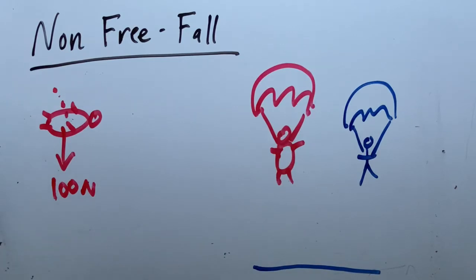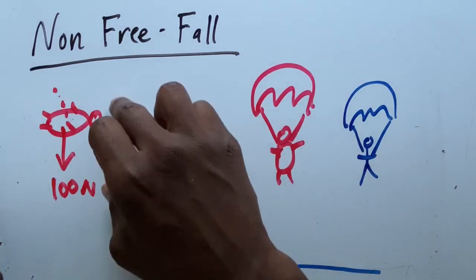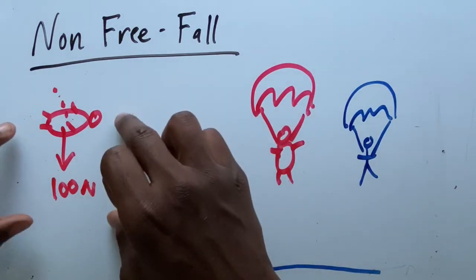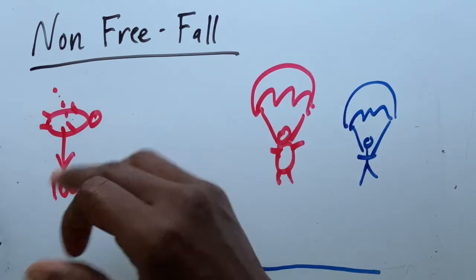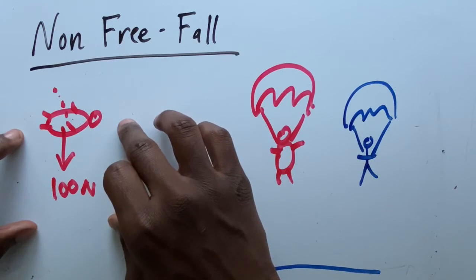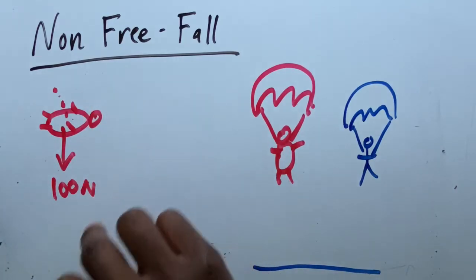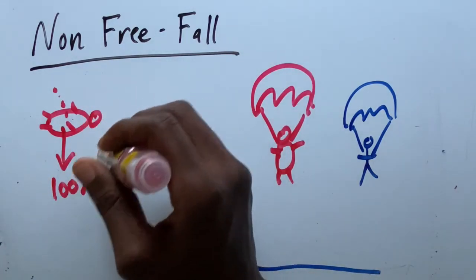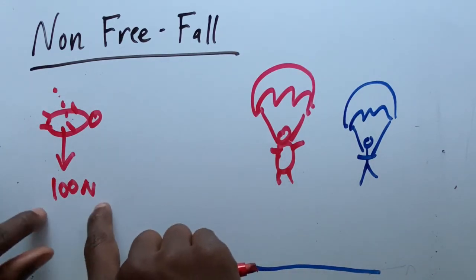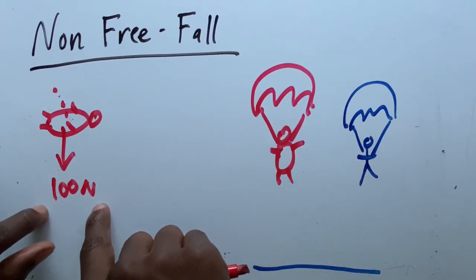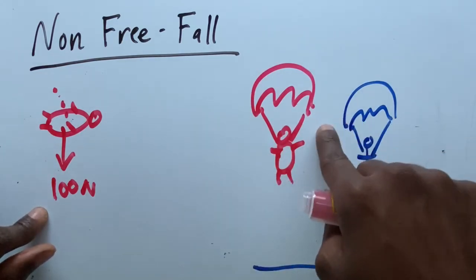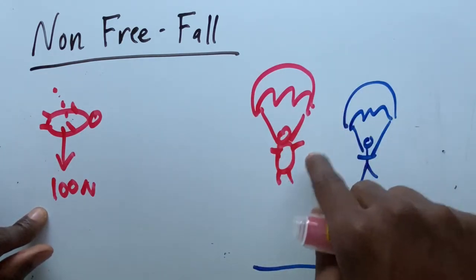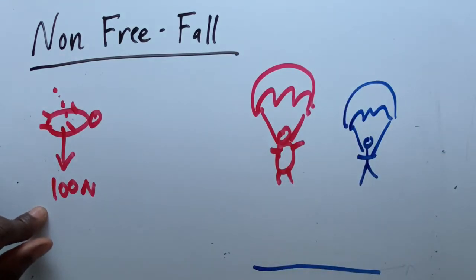All right? And so as he falls downwards, his acceleration is going to be decreasing because of the air resistance, right? So he's falling down. But since this person is heavier or bigger, it's going to take more air resistance for him to reach dynamic equilibrium.